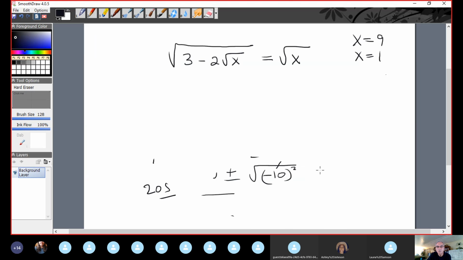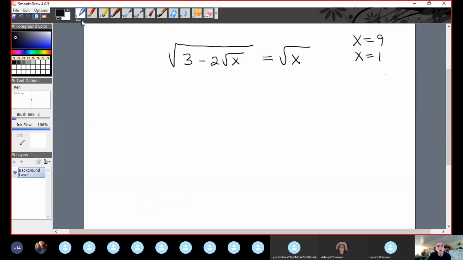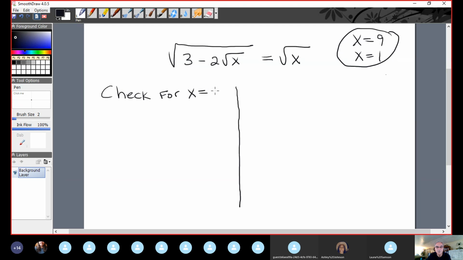And you see, I am picky, but remember, organization is super important in mathematics. Look, I split the paper into pieces because we have 2 solutions to verify. You check it for 9, and you check it for 1, substituting in the original equation.